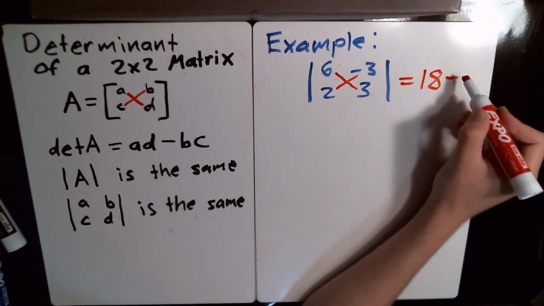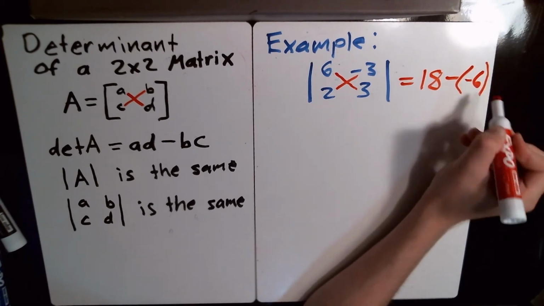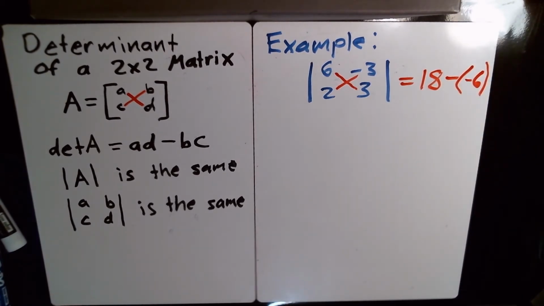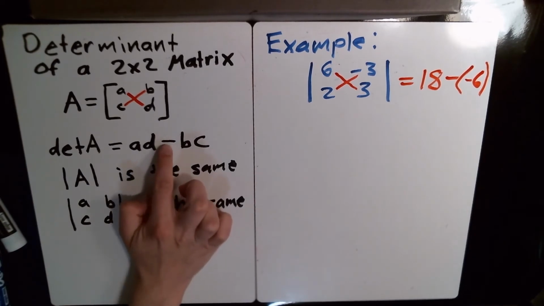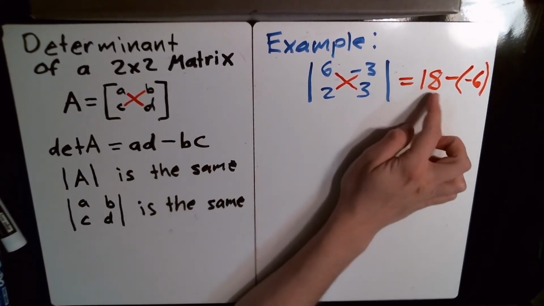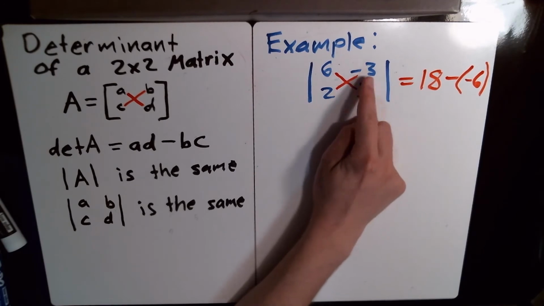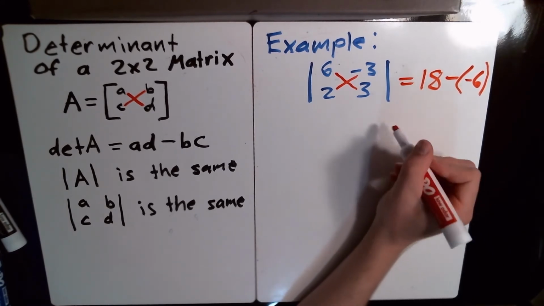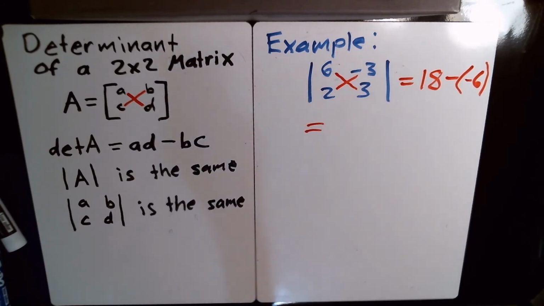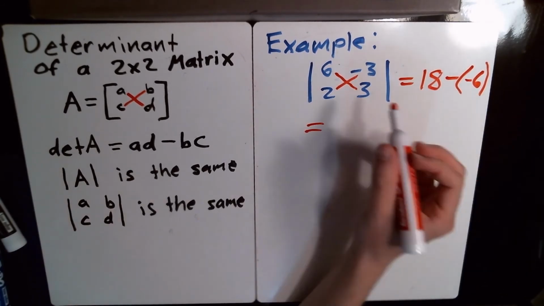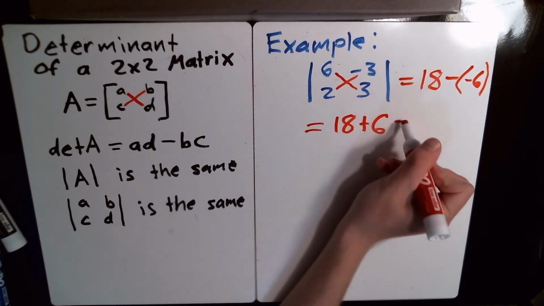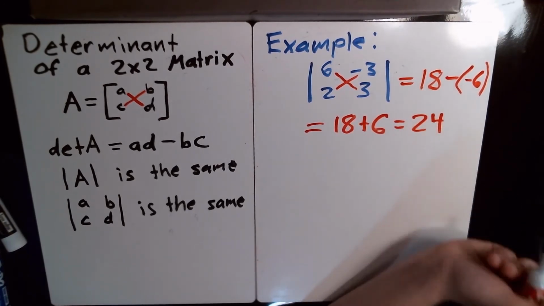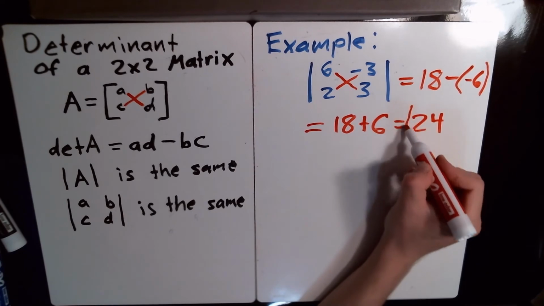So 2 times -3 is -6. Be careful, there is a minus sign in here. So we're doing 18 minus 2 times -3, which is -6. What happens when you minus a negative? You get a positive. So this is really 18 plus 6, which is 24. That would be my determinant here.